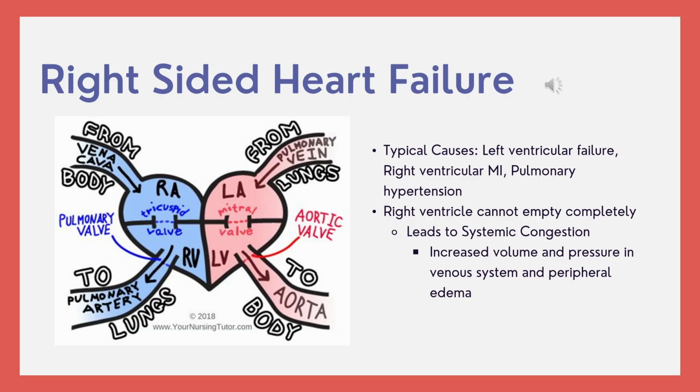Remember that the left ventricle is not working, so blood backs up into the left atrium, which backs up into the lungs. And the right ventricle is trying to push blood to the lungs. Well, they're already full of fluid because the left ventricle doesn't work. So that puts more strain on your right ventricle, and now we end up with right-sided heart failure.